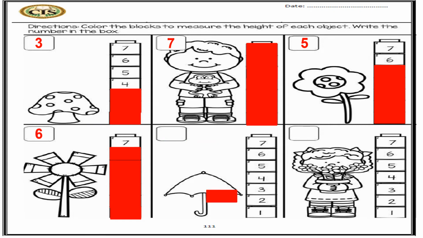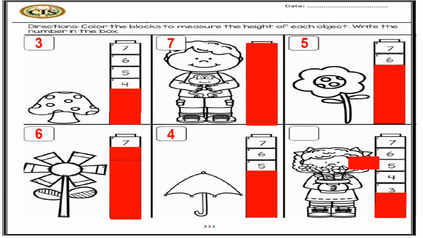Object number 5. 1, 2, 3, 4. So its height is 4 blocks. The last object. 1, 2, 3, 4, 5, 6. Its height is 6 blocks.